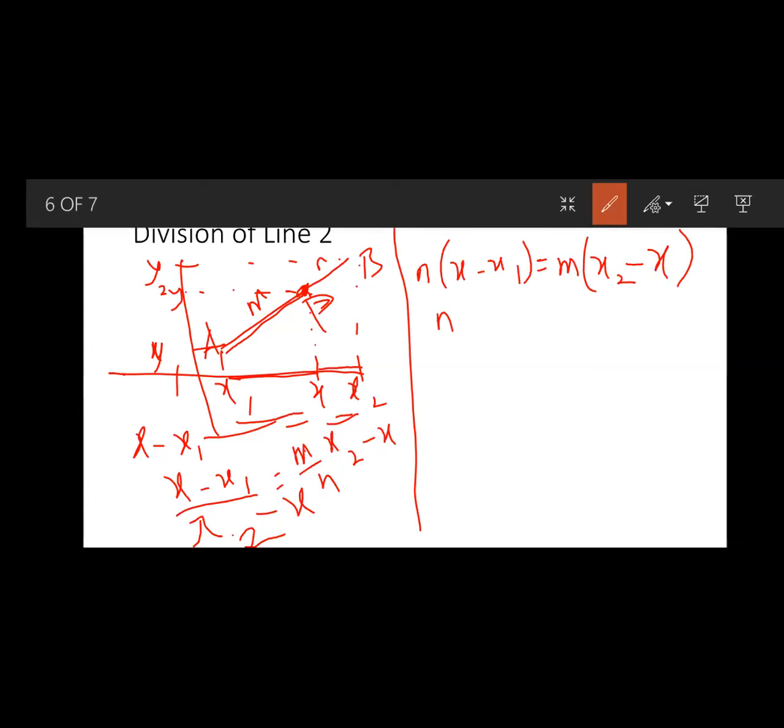So we have nx minus nx1 is equal to mx2 minus mx. Bring anything with x together. So this one has x, this one has x. Bring them together. We have nx plus mx equals to mx2 plus nx1.